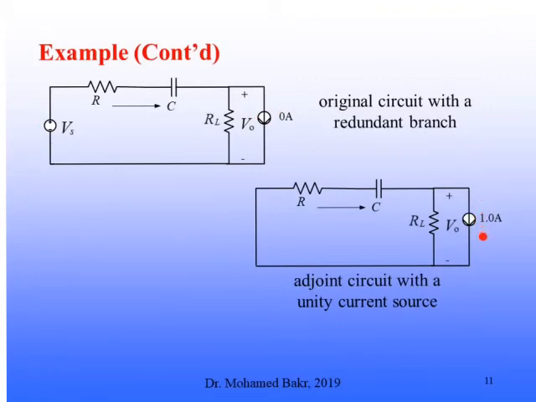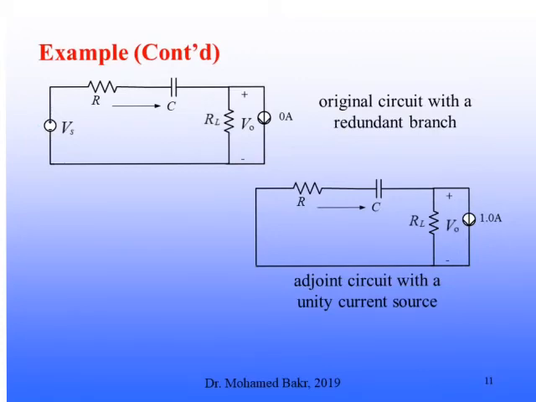So I selected ik hat to be equal to 1 for that specific branch. Now if I solve this circuit, I get the currents and voltages in the adjoint circuit.